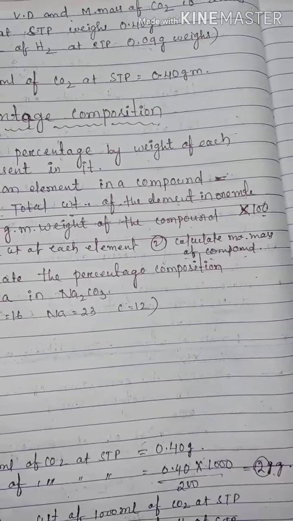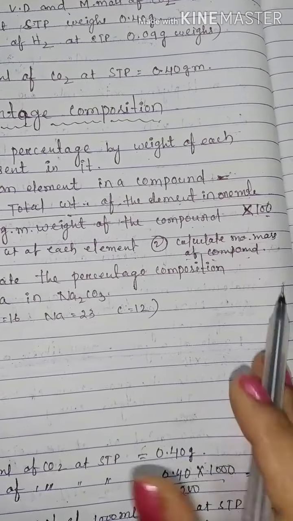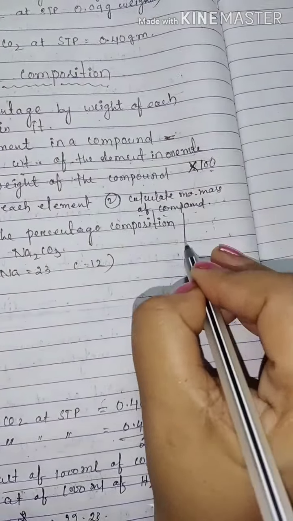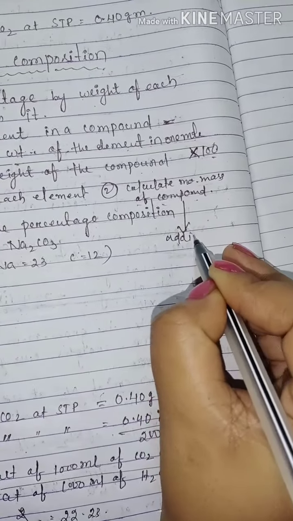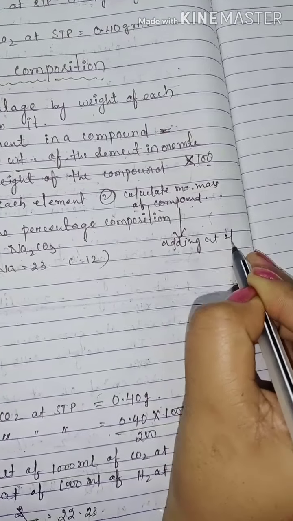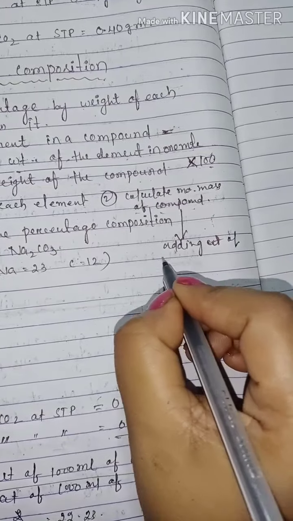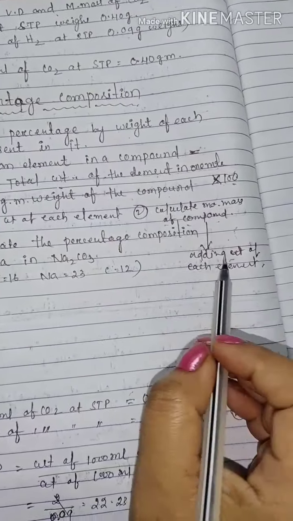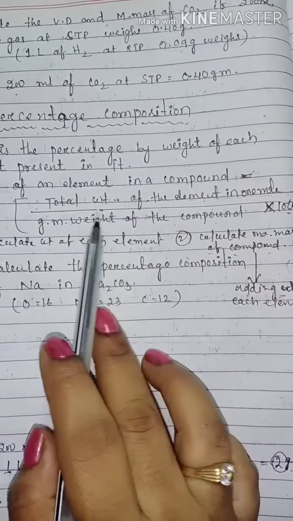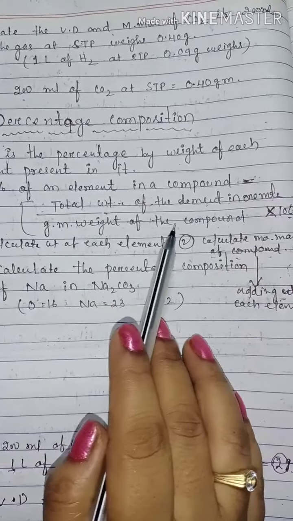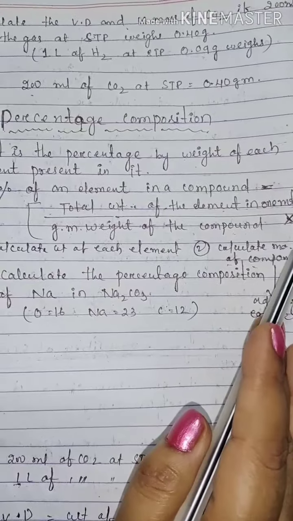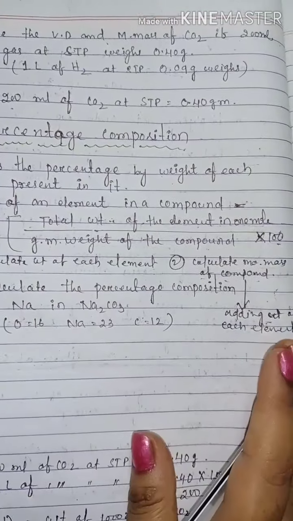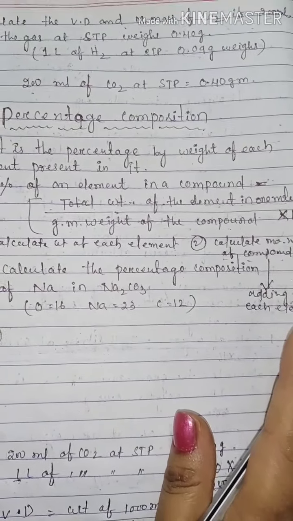By adding the weight of each element. Then you divide the weight of each element by the total weight of the compound and multiply by 100. Then you get the percent composition of the different elements in a compound.